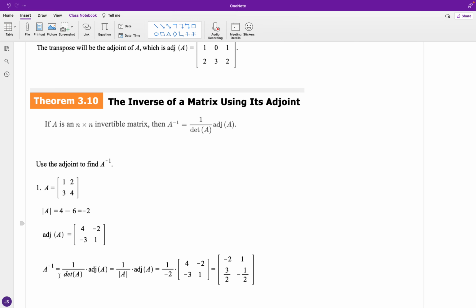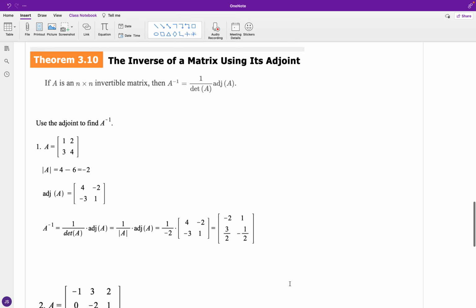So for the inverse of matrix A, you're going to have 1 over the determinant of A times the adjoint of A. And again, the determinant is -2. So we have 1 over -2, or -1/2, of the adjoint of A. And so taking -1/2 of each of these elements, it's going to turn out that the inverse matrix will consist of -2 and 1 in the top row, and in the bottom row will be the elements 3/2 and -1/2.